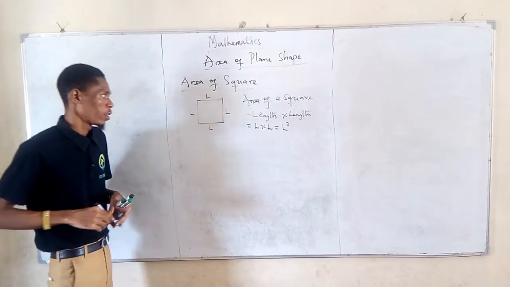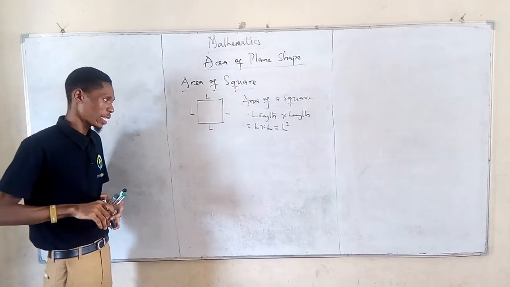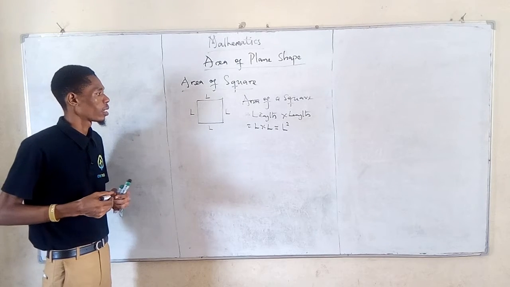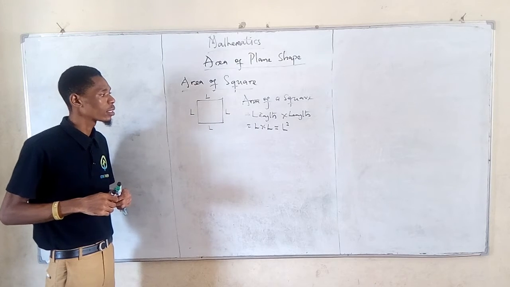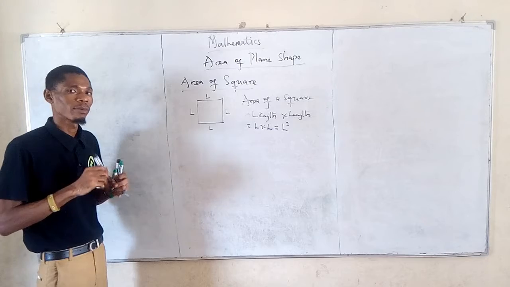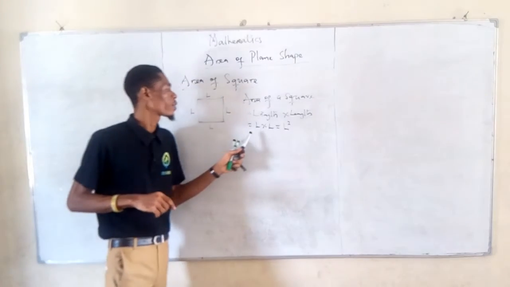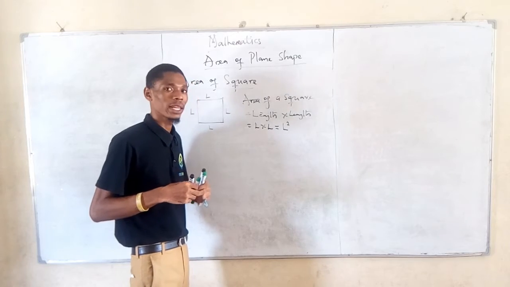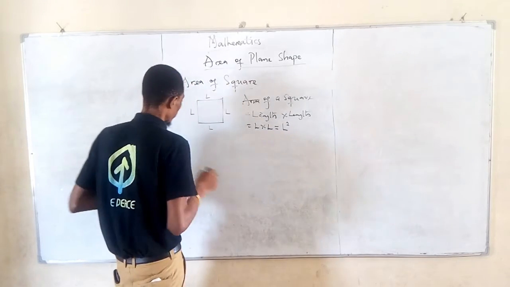Are we together? So the area of a square is what? Length times length. Let's try some mathematical examples to see what we get, okay? So it won't be all alphabetic and all that. So the area of a square is length times length, which will be L squared. Now let's try this out. Example.